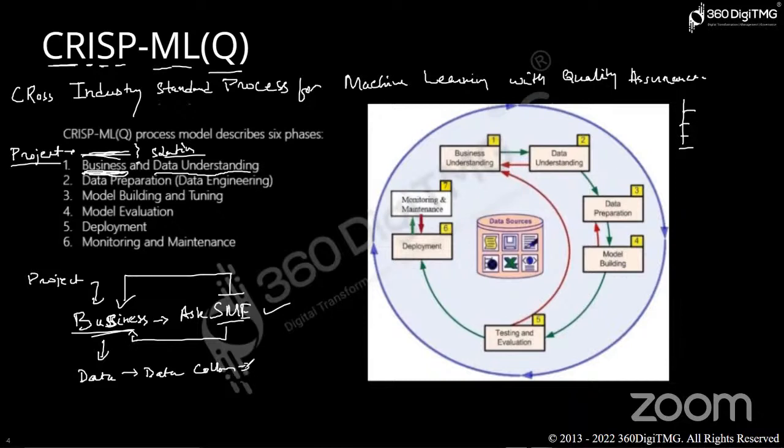From various databases of the company and all, we'll have to collect them. When collecting this data, it has come from various databases, so not all the data will be in the same format. So we somehow need to convert all this data into the same format. Once this is done, our data is now ready and we can work on this.